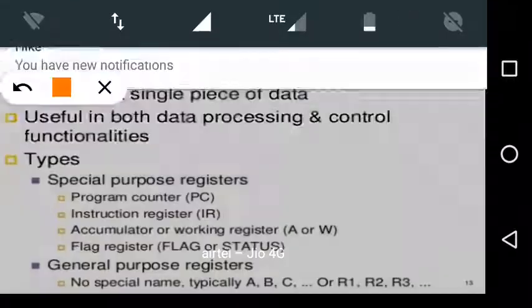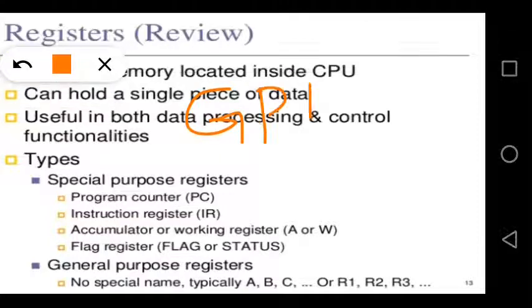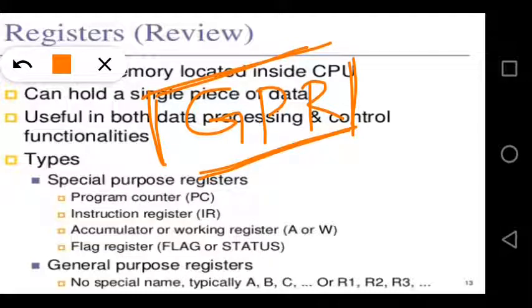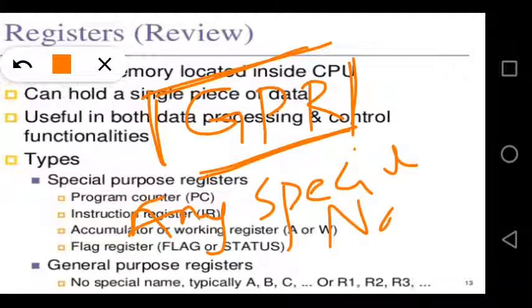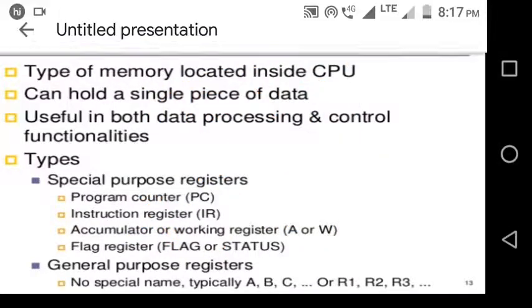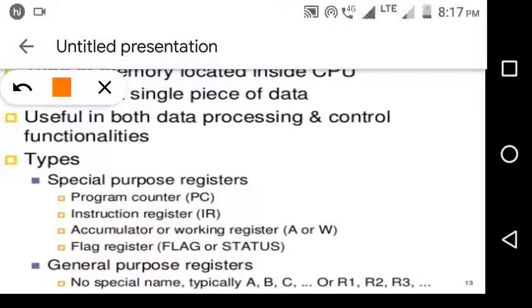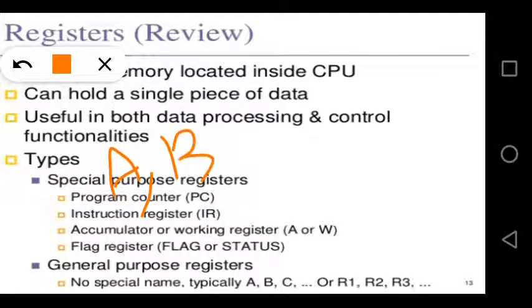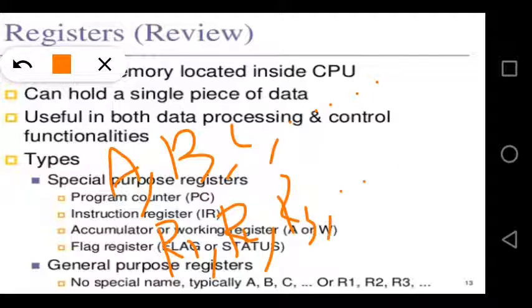These GPRs are general purpose registers. They don't have any special name, but they can be used for general purpose. They can be referred to as A, B, C or R1, R2, R3. So these are called general purpose registers.